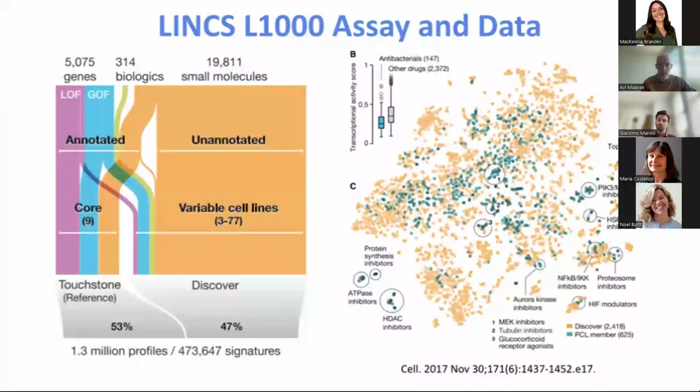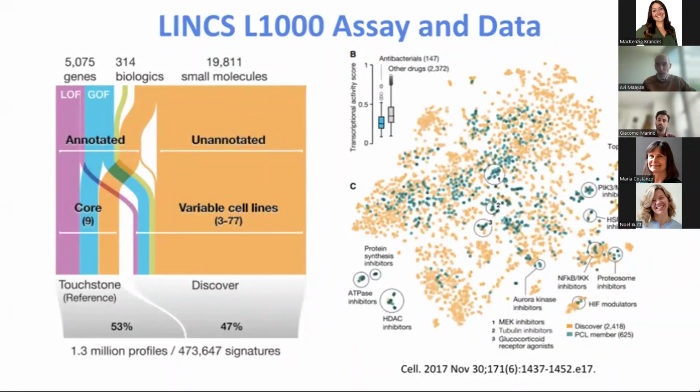The L1000 assay is a high-throughput transcriptomics assay that is an alternative to microarrays and RNA-seq. It measures 1,000 genes, but the rest of the genes are inferred relatively accurately. So you get the full genome, and they were able to do this transcriptomic assay in high throughput.